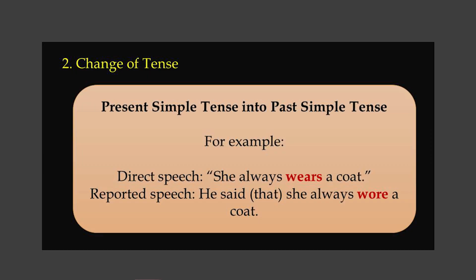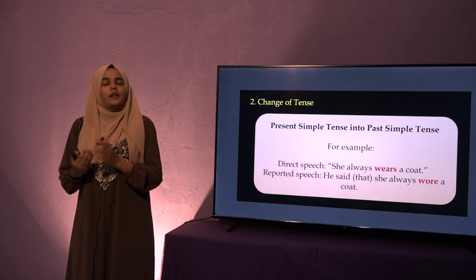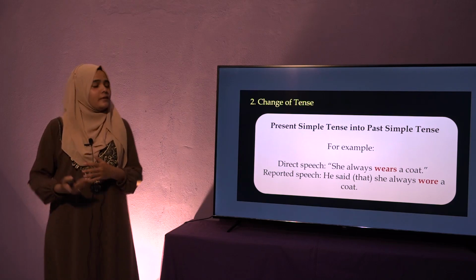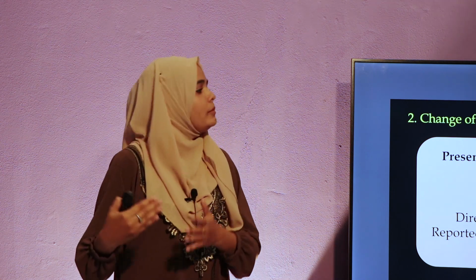Next is change of tense. Whenever it comes to tense, it follows certain rules. For example, here it says present simple tense into past simple tense. When we convert direct speech to reported speech, if the phrase is in present simple tense, it changes into past simple tense.